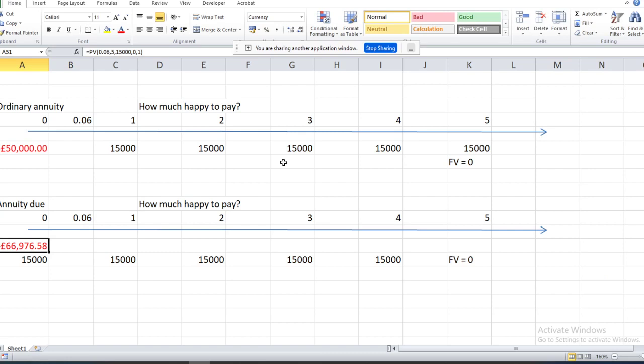In both of these investments, originally you invest 50,000, and let's say 5 years later you plan to buy something, so you're gonna need the money. So 5 years later is when you're gonna withdraw all of the future value.